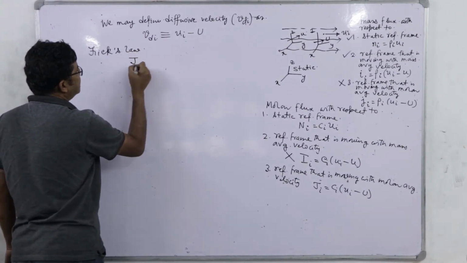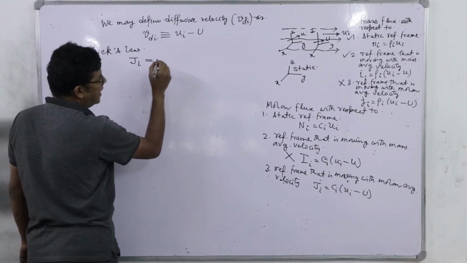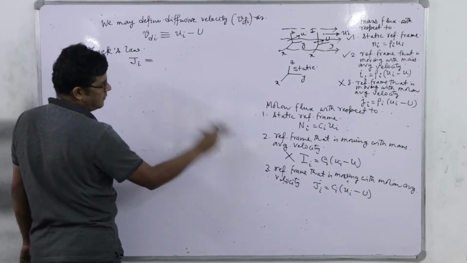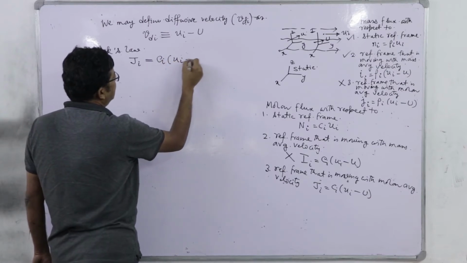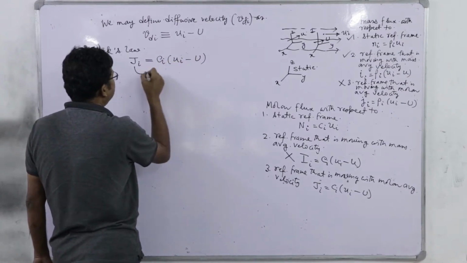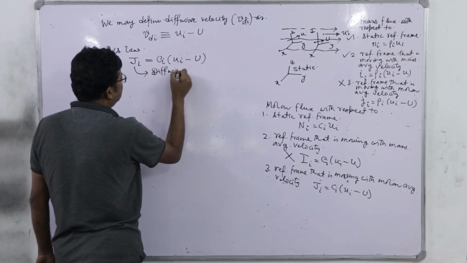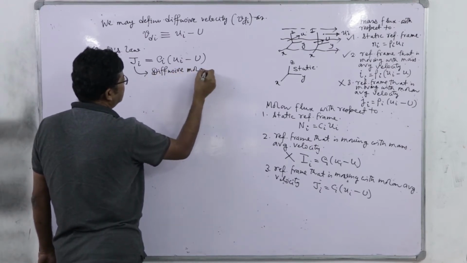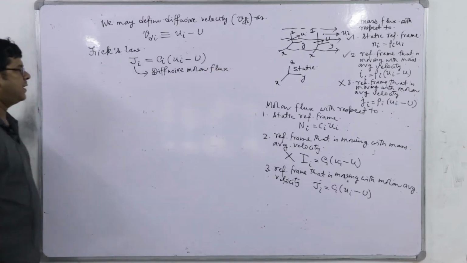So, you see Fick's law represents Ji, right. What we have defined is Ji = Ci (ui - u), the diffusive molar flux.